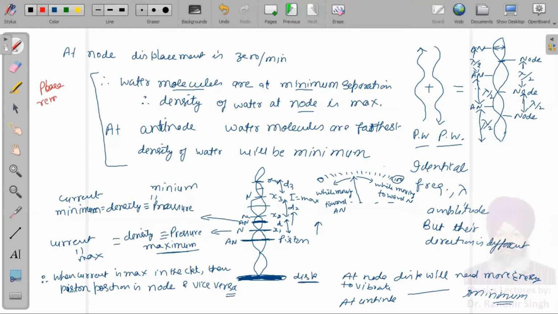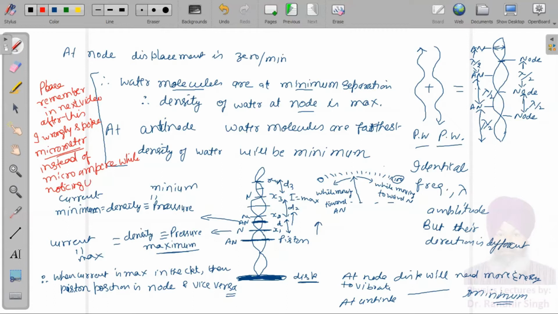Please remember, in the next video, after this, I wrongly spoke micrometer instead of microampere while noticing current readings, current maxima.